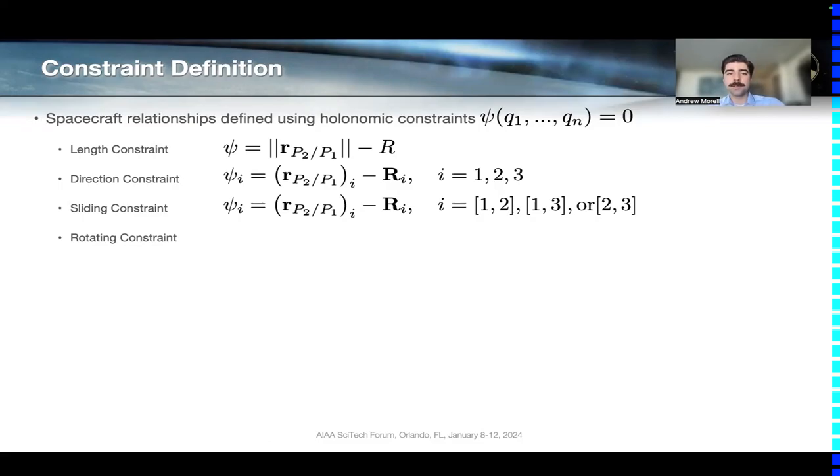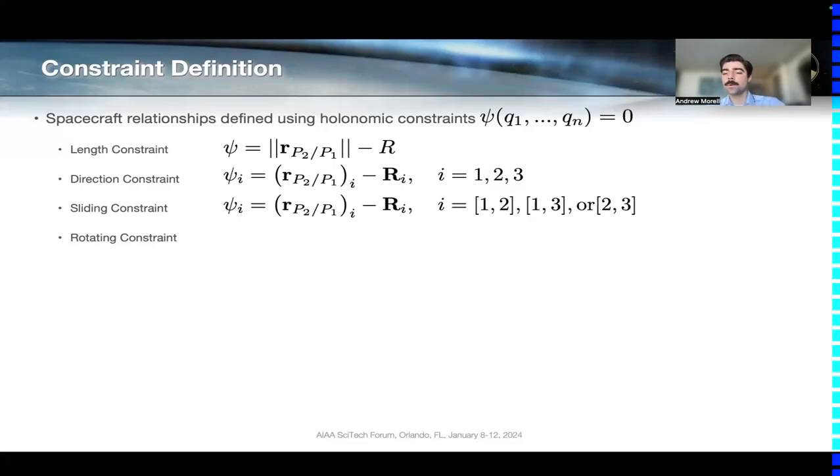And by expressing the vector between point P1 and P2 in a specific frame, we can have that length vector, depending on which axis we're releasing, be a specific direction that we want the arm to telescope about.